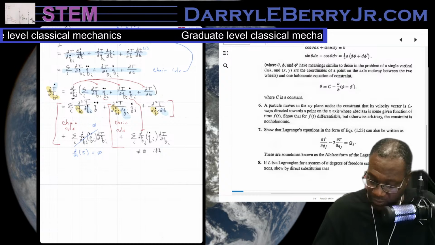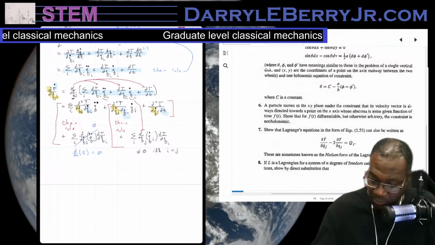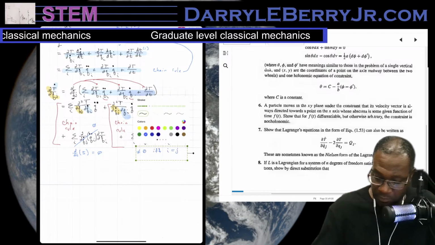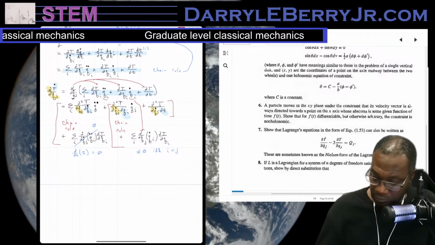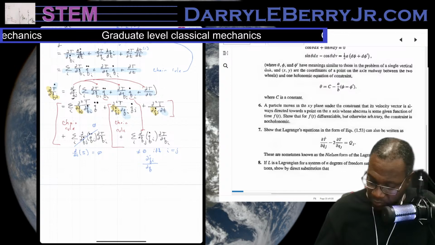Oh, okay. So this equals not 0 if and only if i equals j. So this is literally, maybe I should write this in blue as well. This is partial q i dot over partial q j dot.